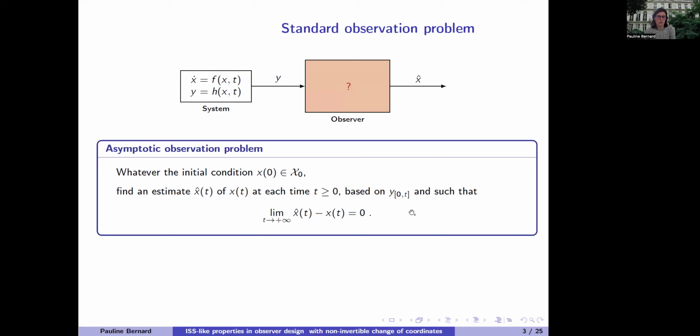It can be done in many ways, but in the observer literature, what we do is we try to write an algorithm that is fed with the measurement and reconstructs the state.